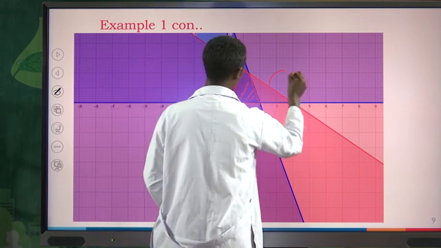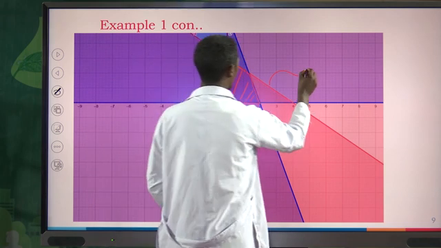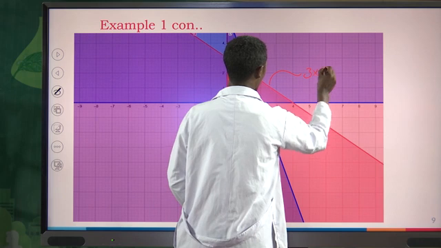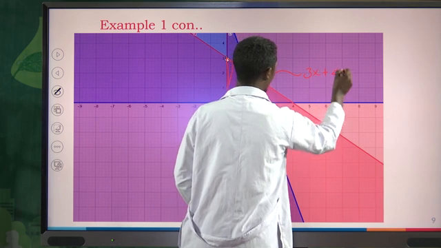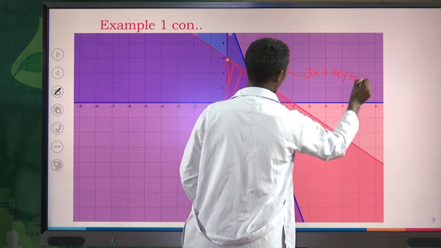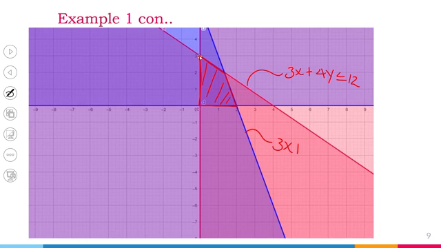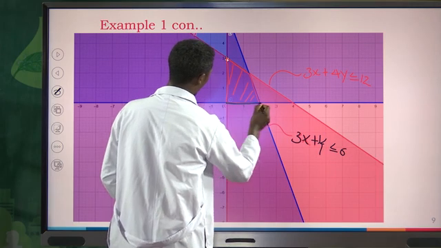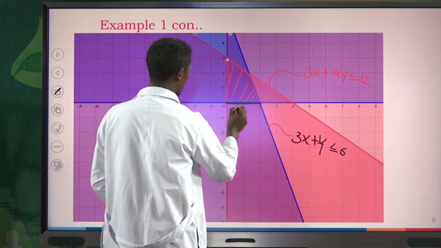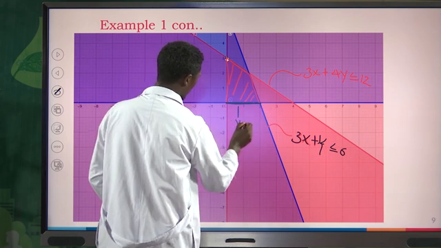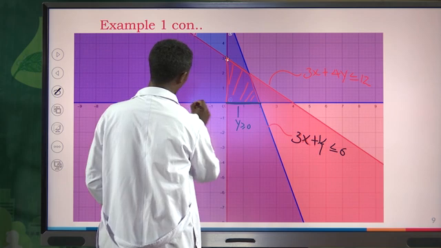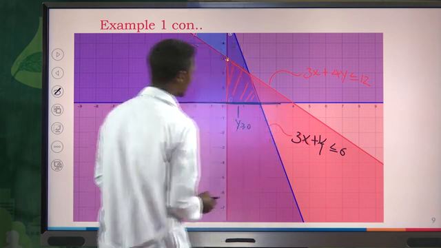This one is the graph of 3x plus 4y less than or equal to 12. This one is the graph of 3x plus y less than or equal to 6. And also there is a line which is y greater than or equal to 0, the horizontal line, or the x-axis.